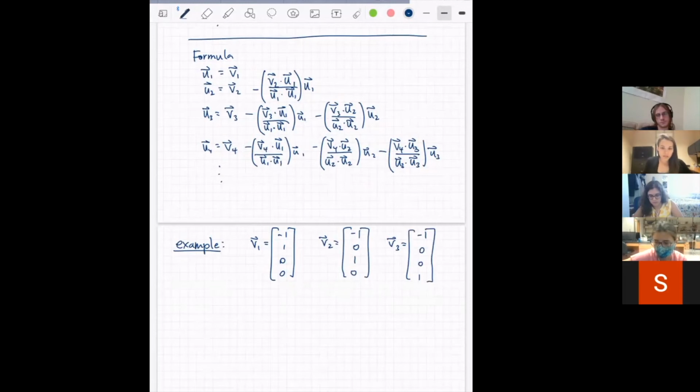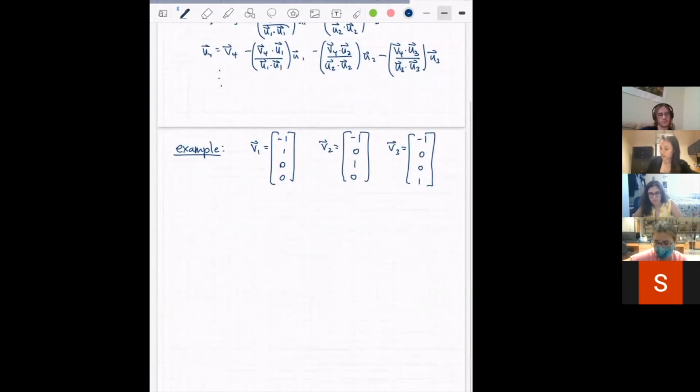So we have V1, V2, and V3. And so W, we'll say, is going to be the span of these. And you can check that these would be linearly independent.